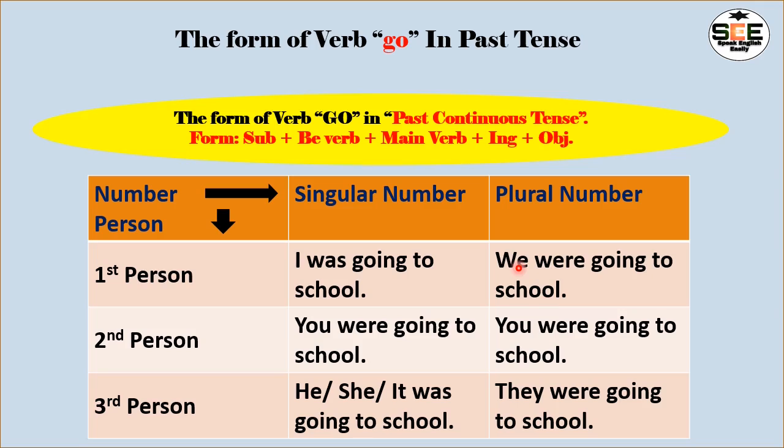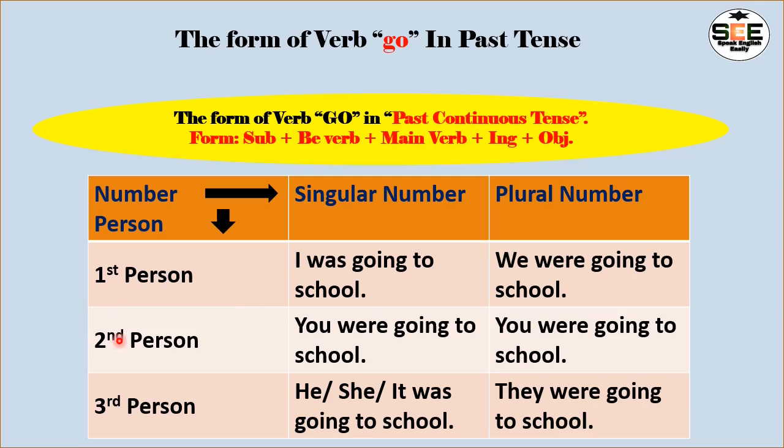So we can see in the sentence, we were going to school, right? So this is the formation. Already I mentioned here that subject plus be verb plus main verb plus ing plus object is needed to make the past continuous tense, right?